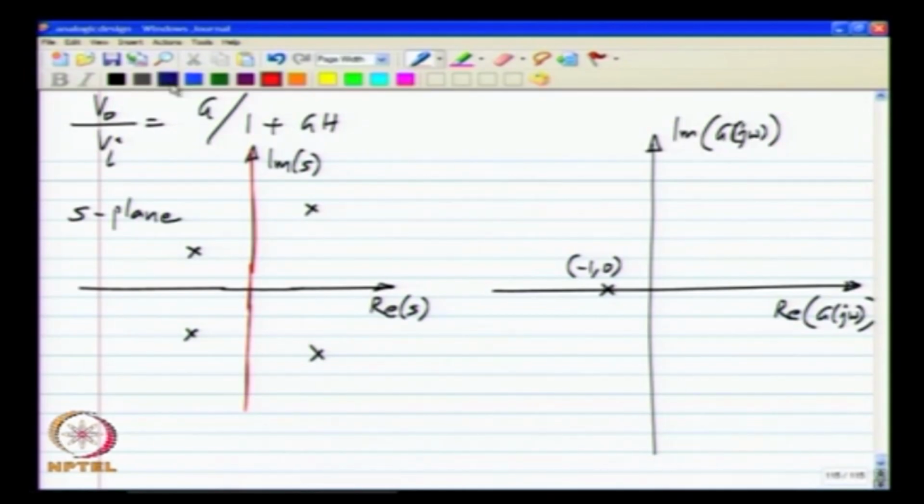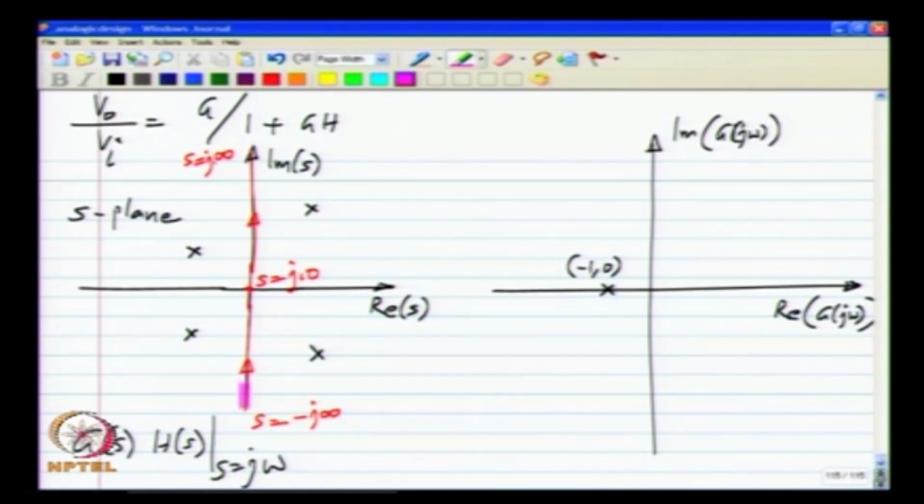So, we will evaluate G of S H of S for S equals J omega. That means, we will start from S equals J 0 which corresponds to DC, go all the way to S equals j infinity, okay, and then again redo it from S equals minus j infinity and all the way back to S equals j 0.